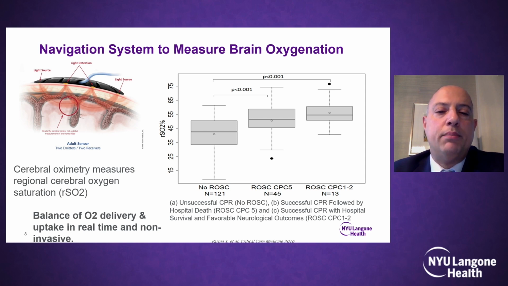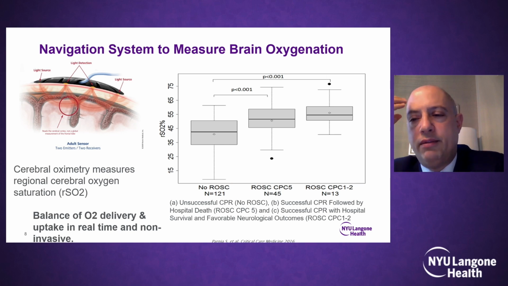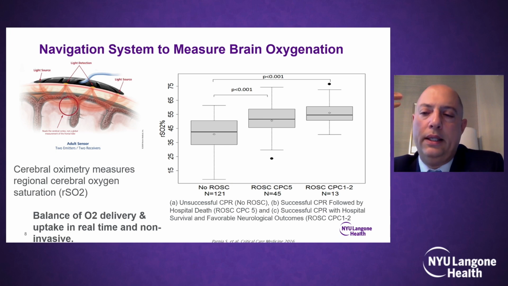And what it does is it provides near-infrared light, two different wavelengths. One of them penetrates the skin, the skull, and the dura. And the other goes deeper into the frontal lobe of the brain, about 3 centimeters, and actually measures the amount of oxygen in the front of the brain, second by second, and gives you feedback as to exactly what's happening.